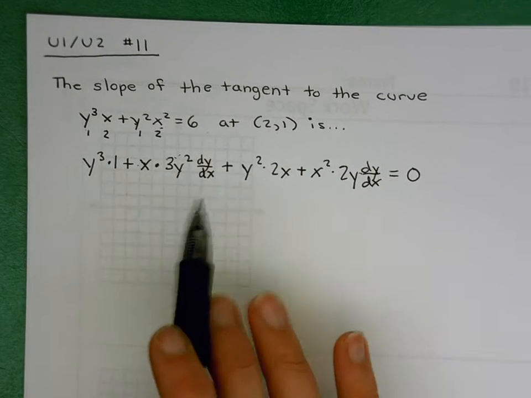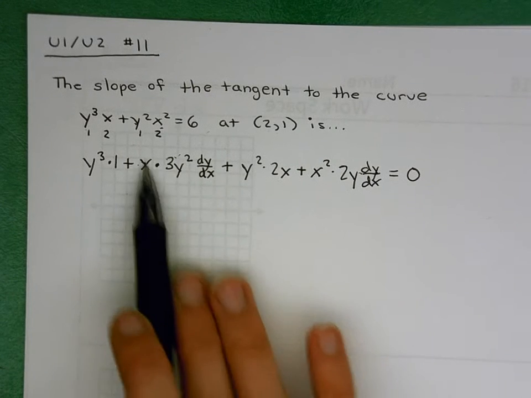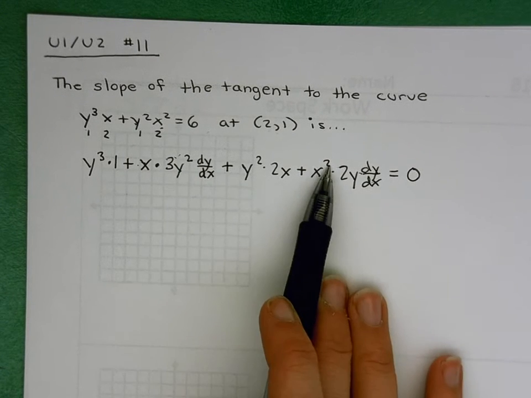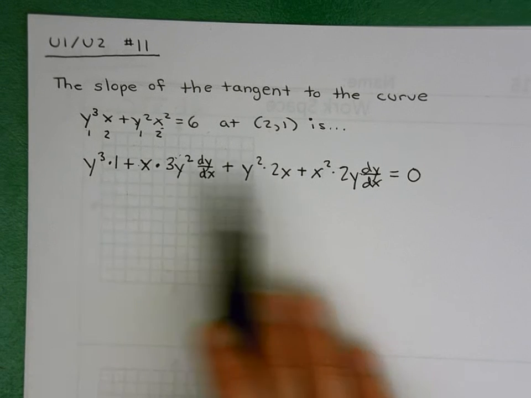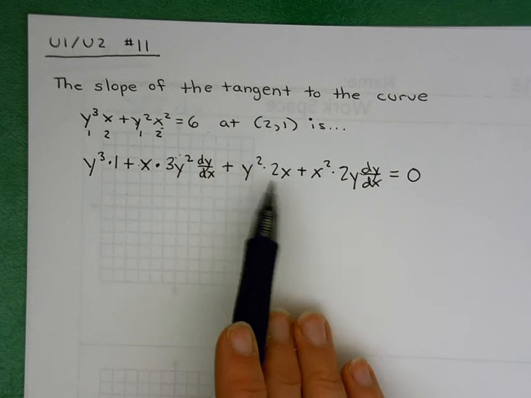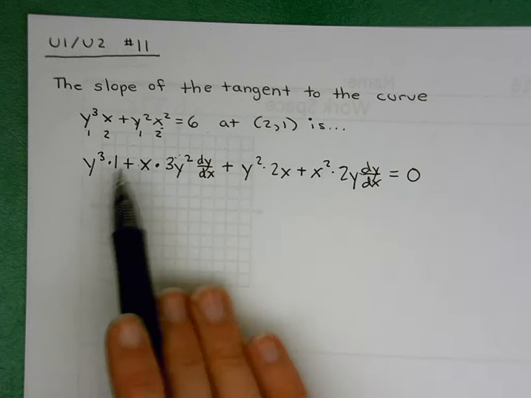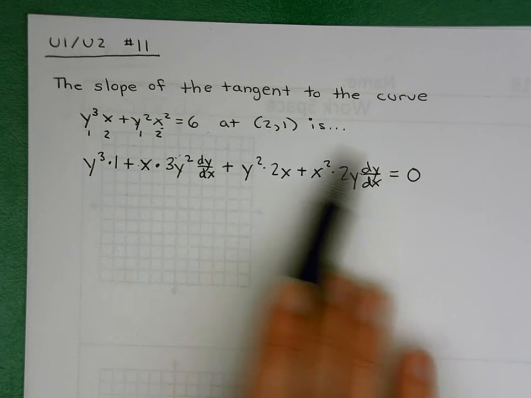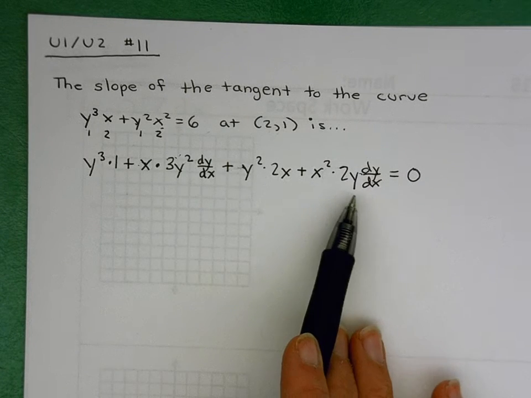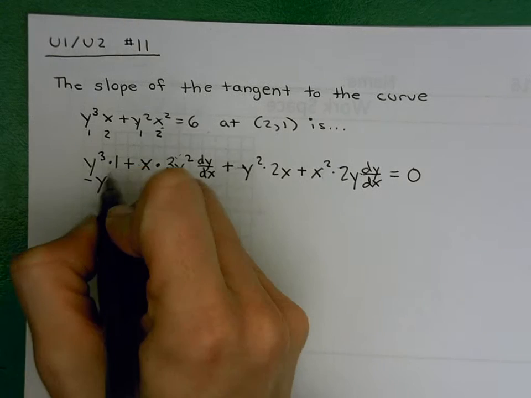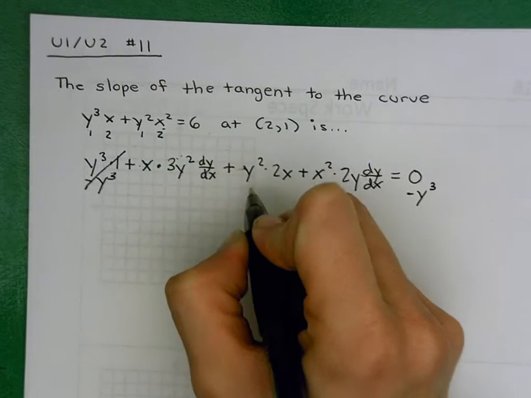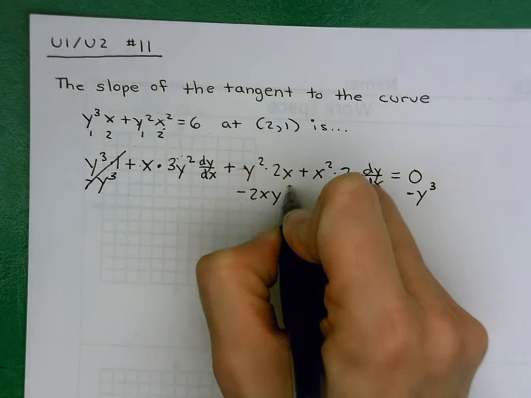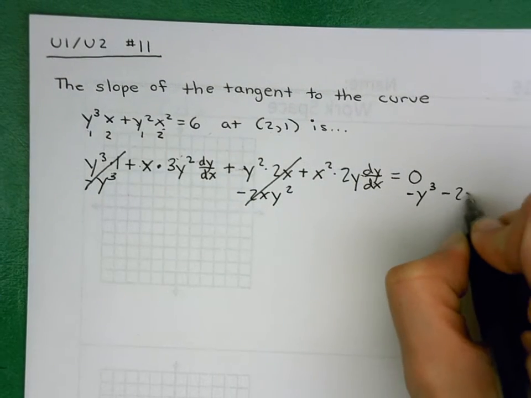Okay, second step is we need to separate the terms that have a dy dx, these two, from the terms, or however many there are, that don't have a dy dx. And so this y cubed and this 2xy squared, I'm going to subtract over to the other side, separating them from my dy dx terms. So I'm going to subtract this y cubed over and subtract this 2xy squared over.